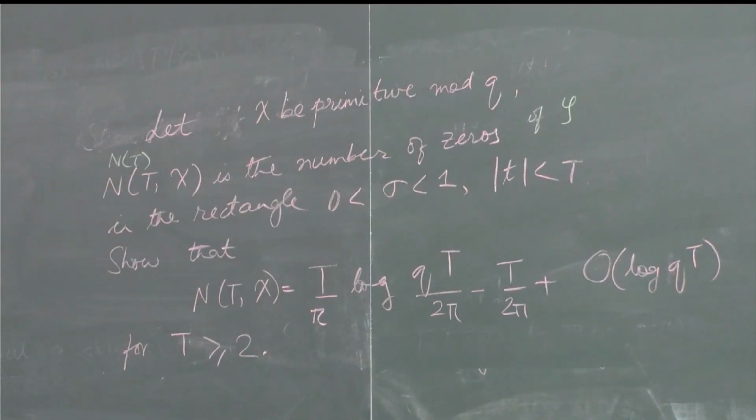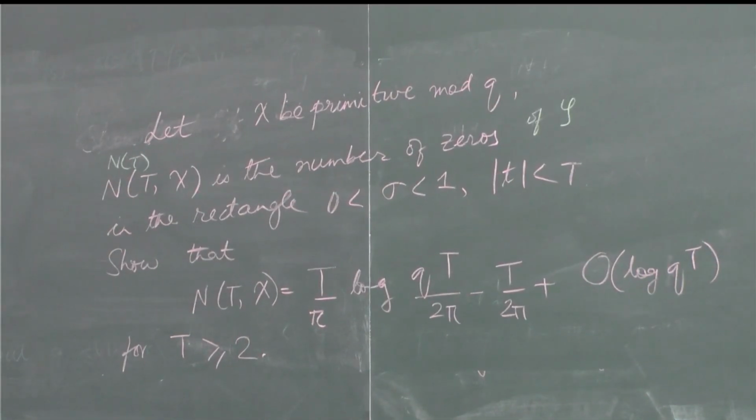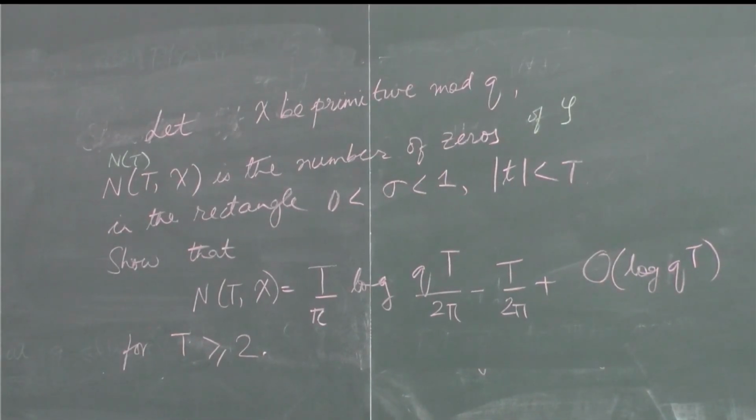There is no big difference. When you make your rectangle, you have to include the 0 in it. If you have the Riemann zeta, then there's no problem, the extra 0 is not going to come.